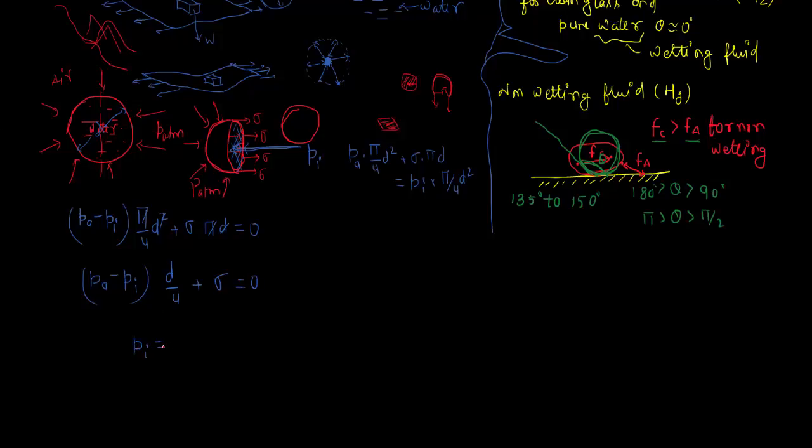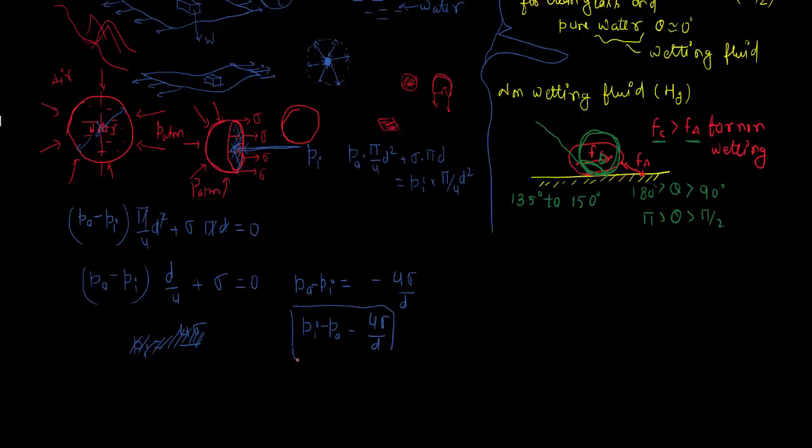So what will be PI? Solving this equation, we can say that PA minus PI is equal to minus 4 sigma by d, or we can say that PI minus PA is equal to 4 sigma by d.